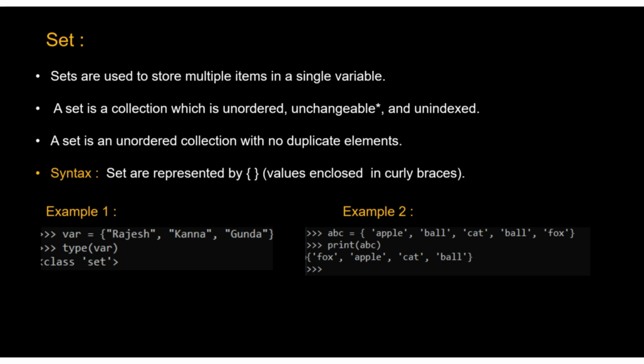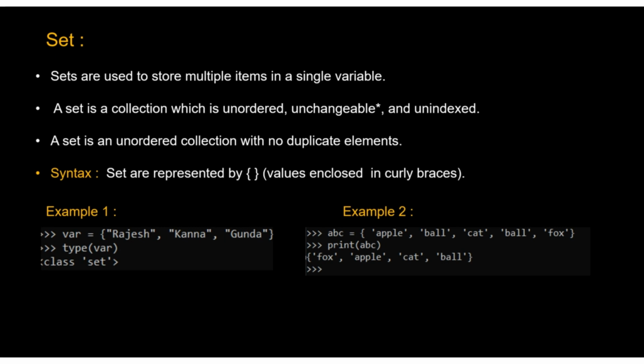In the first example, I am taking three strings, Rajesh, Kanna, Gunda, enclosed with curly braces. Here, I am using the type function to print the data type in the output. For the variable to which the strings are assigned, mentioned inside type, in the output we got the data type as set.